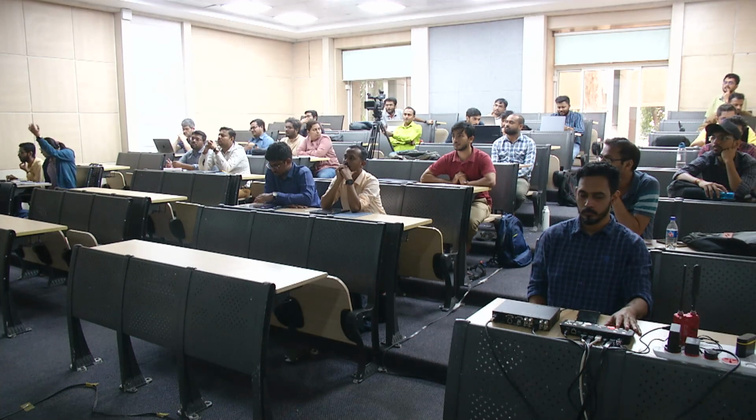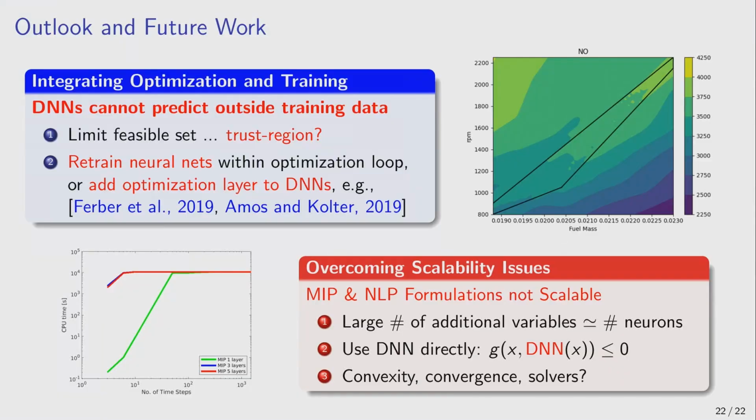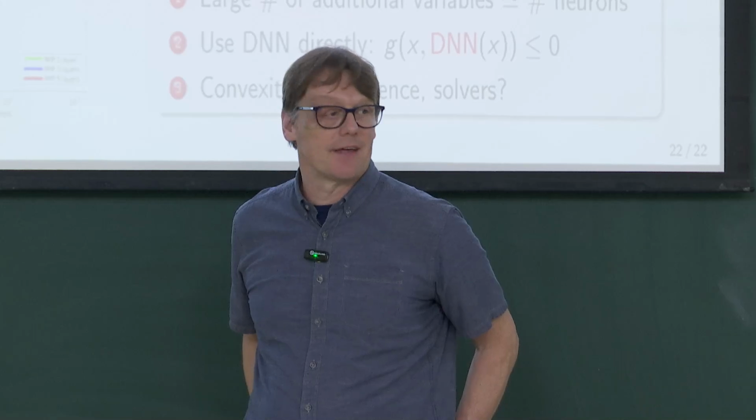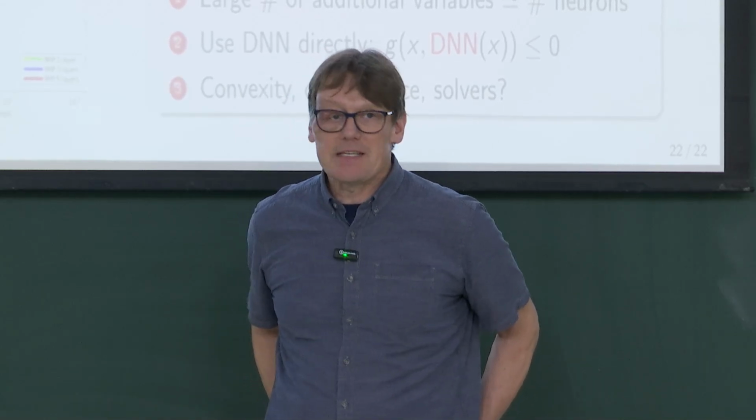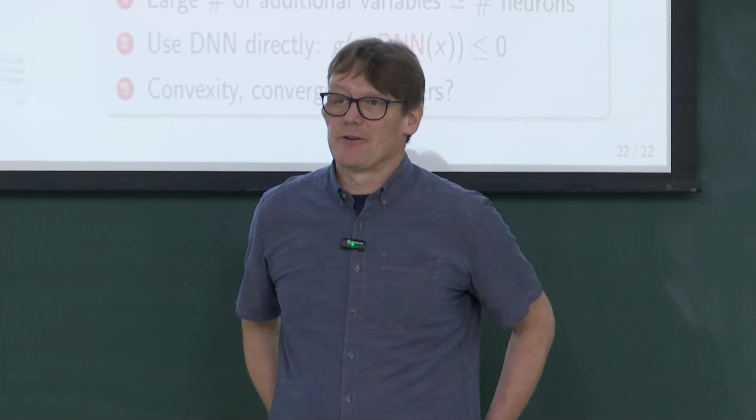Parallelization. So in order to address the scalability issue, you mean? Yeah, that's probably a good idea. I think at some point we will need that. There have been some efforts, which we didn't talk about much, in terms of parallel branch and bound or branch and cut.